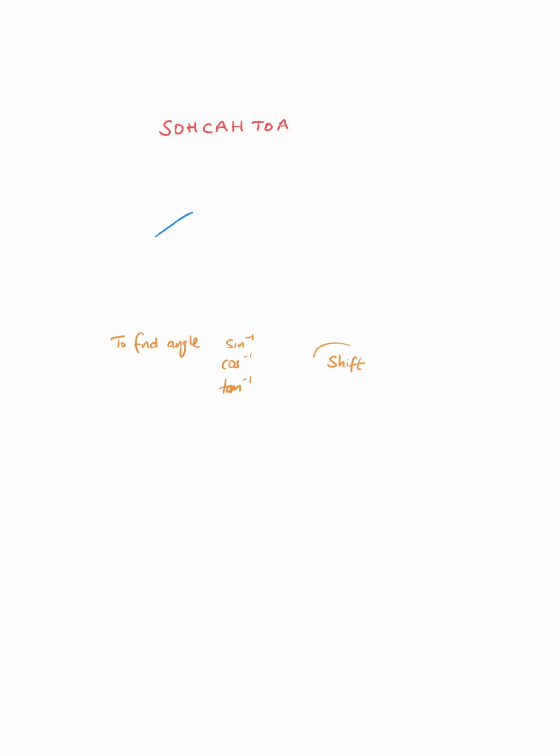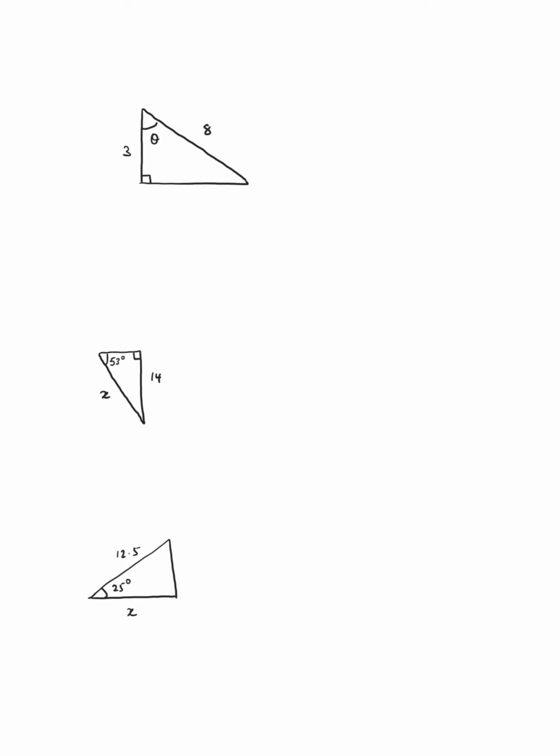And to get that, you press shift on your calculator. And to find a side, if x is on top, you just do some timesing. And if x is on the bottom, you swap. So let's just have a quick run through of all of them again.